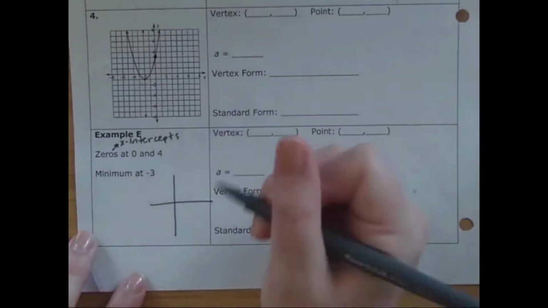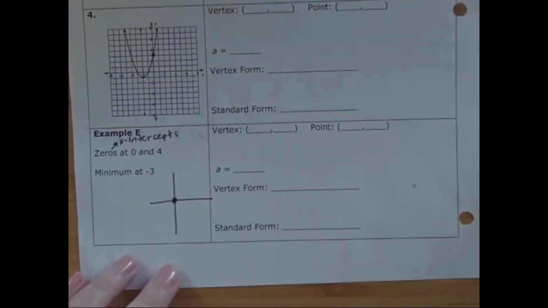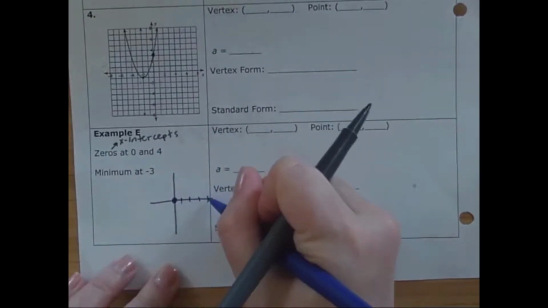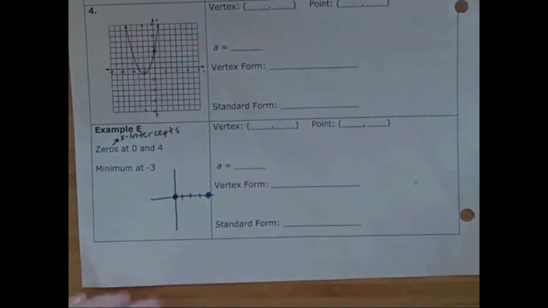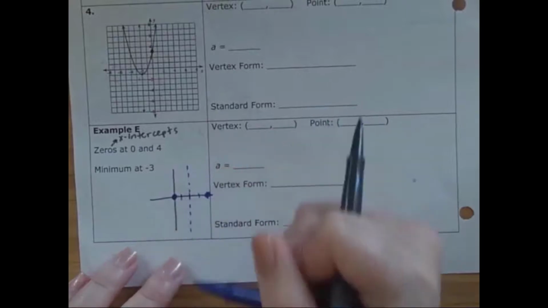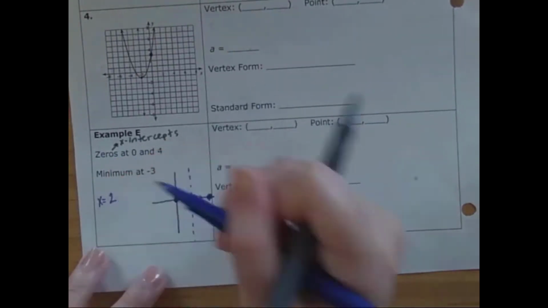So 0, 0, one of my zeros, and the other is at 4. 1, 2, 3, 4. So what does that tell me about my axis of symmetry? It tells me that my axis of symmetry is right between my zeros, where x equals 2.